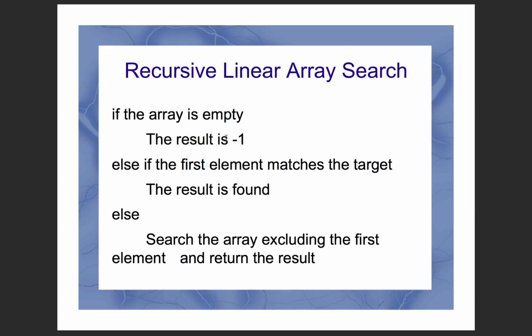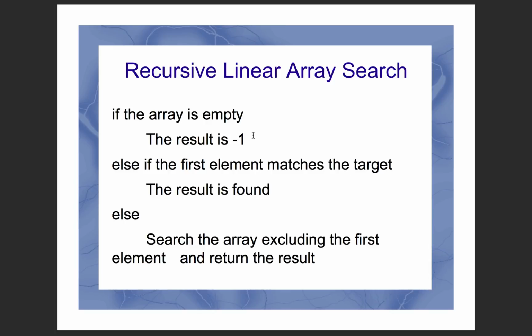Now your positive base case: if the first element matches the target, the result is found. That means if you found the result, if the first element matches the target, then you found your target value. That means you can terminate the process, and this is your base case.